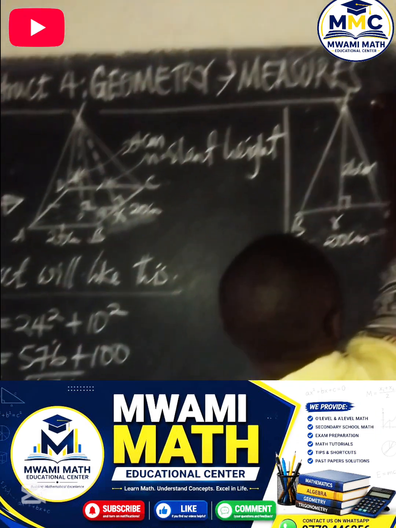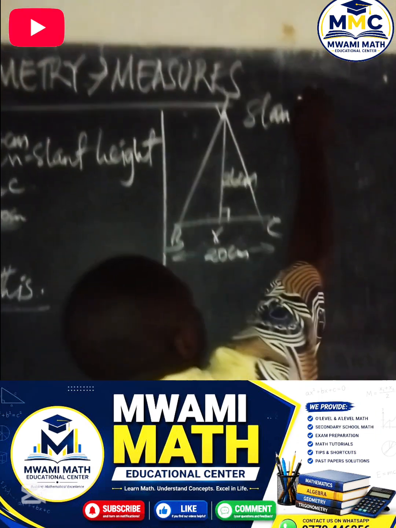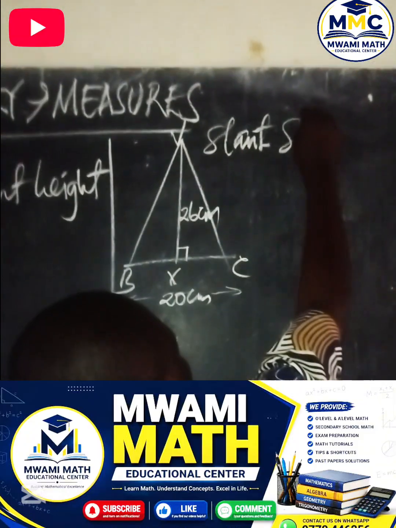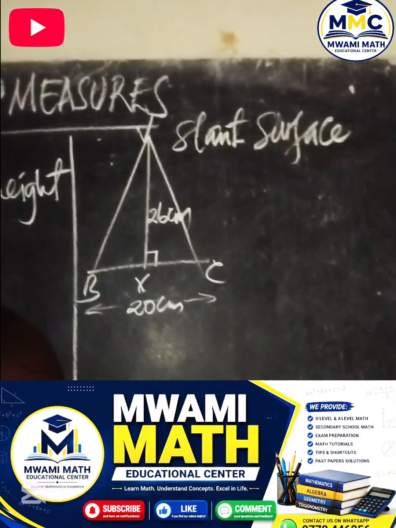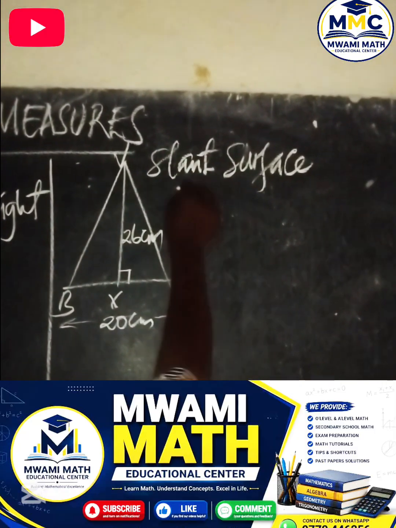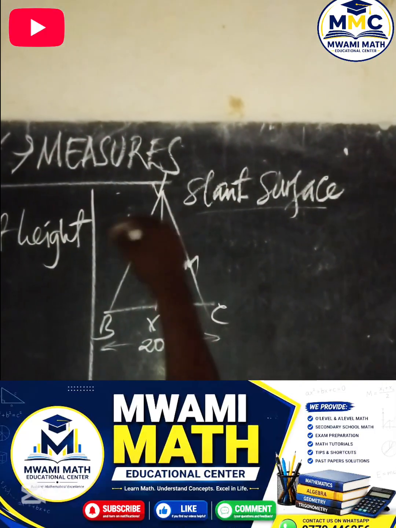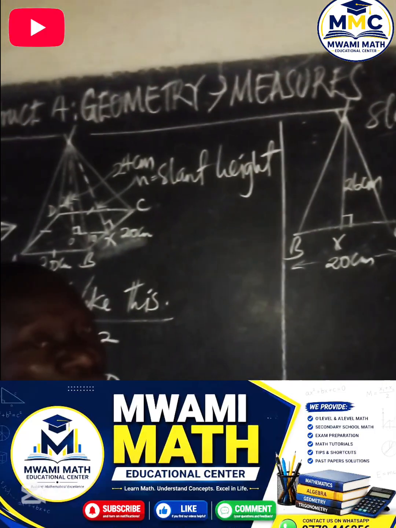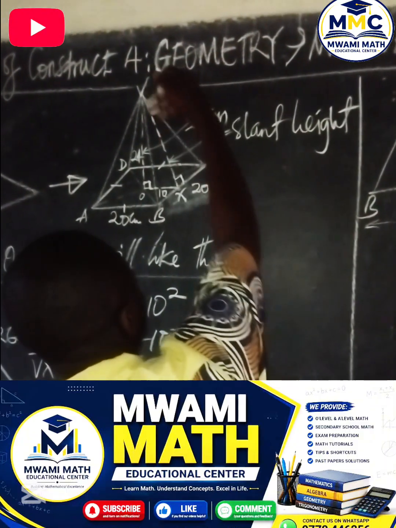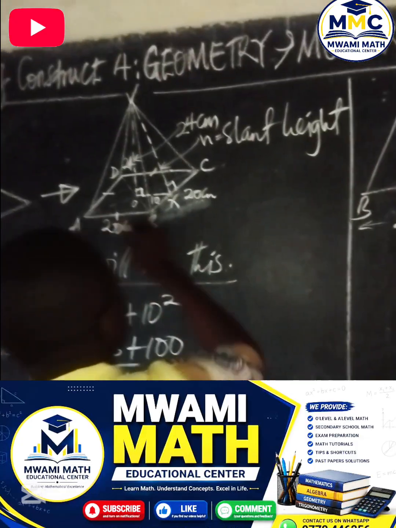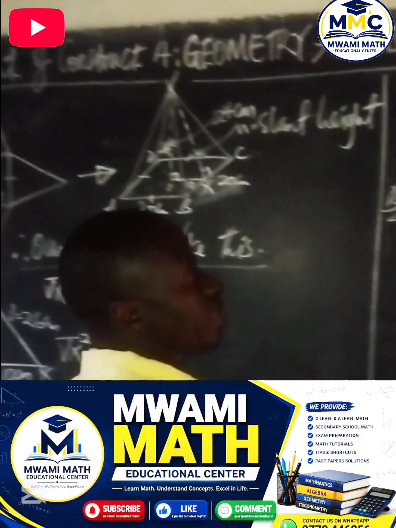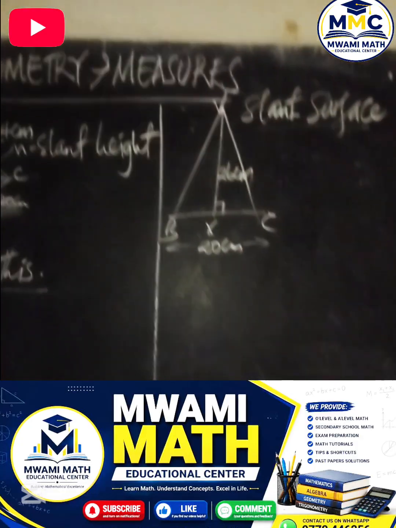So now this is what we call the slant surface. And remember, we have 4 slant surfaces, 1, 2, 3, 4. And since the base is a square base, they are all of the same area.